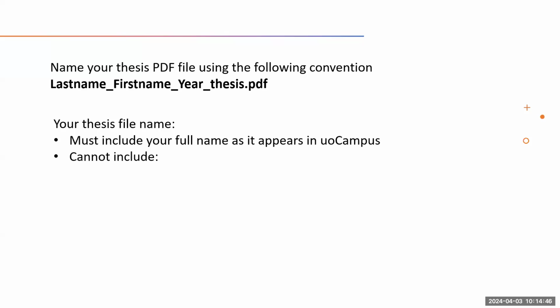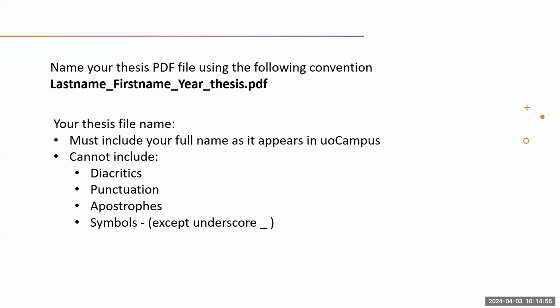There are certain characters that cannot be included in your file name. You cannot include diacritics, punctuations, apostrophes, or any symbols other than that underscore that's required. If your name includes any of these characters, you must remove them from the file name. They can be included in your name on the title page.